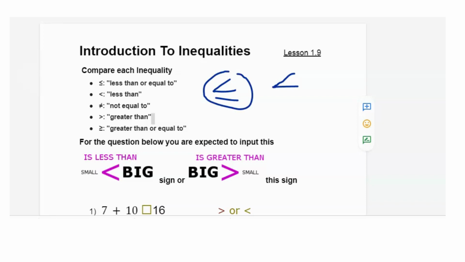Okay? When you have a sign like this, it means not equal to. But this one is seen as greater, less or equal to, greater or equal to. Okay, now these are all we have.